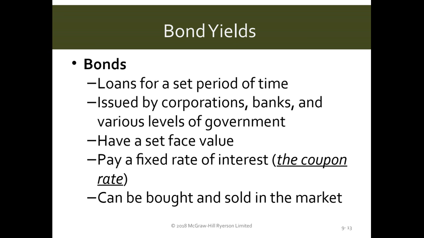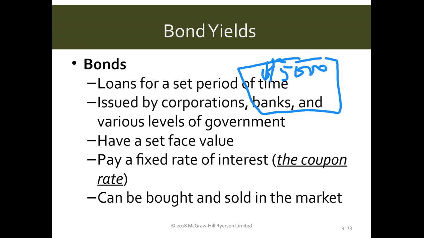Private and public bonds have a set face value. Whenever you buy a bond, it has a fixed face value that is printed on the bond. Suppose, let's assume this is just a number, $5,000. So I say the face value of this bond is $5,000.